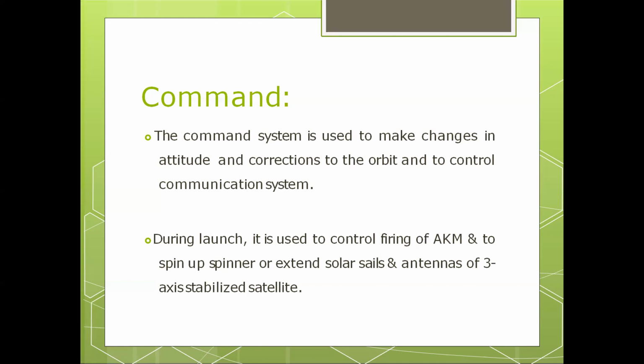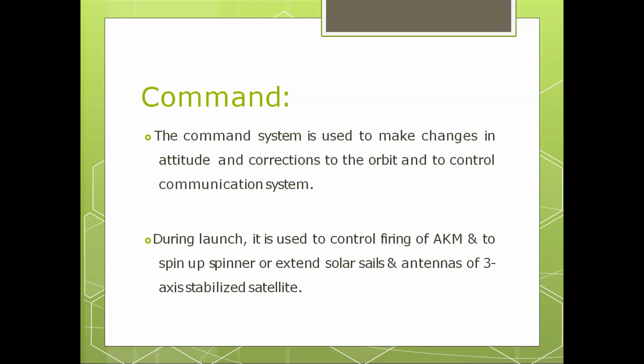Another important piece of information regarding the command block is that it is used to launch, particularly, the apogee kick motor. Why? Because in a satellite communication system we have a motor system.